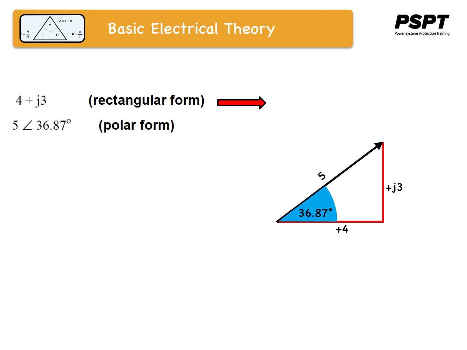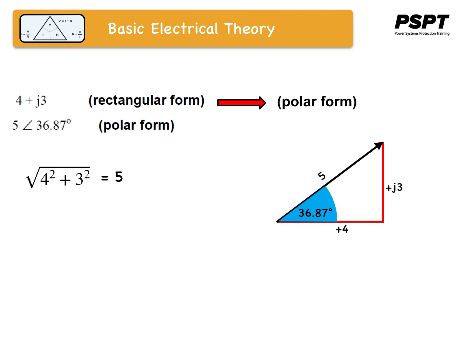And if we were going in the other direction, in other words, if we were given the rectangular form of 4 plus J3 and we wanted the polar form, the first thing is the magnitude, which uses the Pythagorean theorem. It says that the hypotenuse of a right angle triangle is found from the sum of the squares of the other two sides, which is 4 squared plus 3 squared, and the square root is 5.